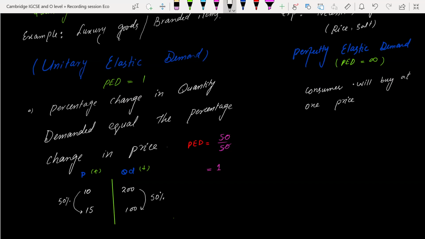If the price increases, even slightly, demand drops to zero.